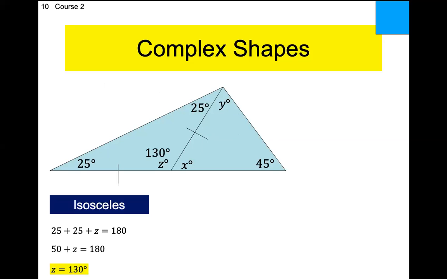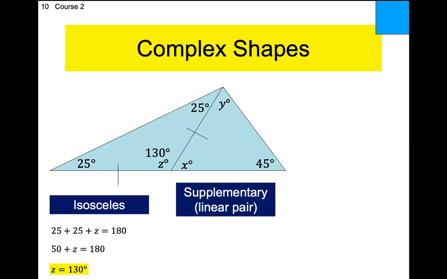So then that means x is 50. Can you guys see that? Z and x form a straight line at the bottom there. Therefore, they're supplementary. We call them linear pairs, two angles that make a line. So 180 minus 130 is 50 degrees. So now we know that x is 50 degrees. 130 plus 50 make 180 degrees. See the line here? They make a nice straight line.